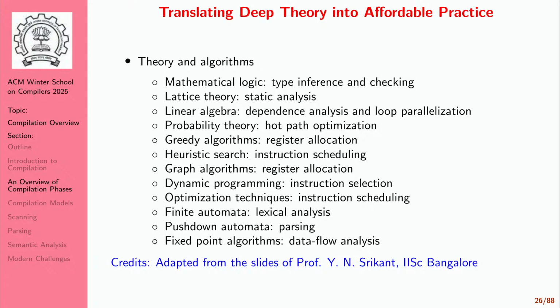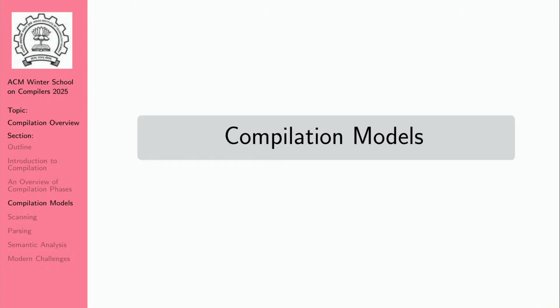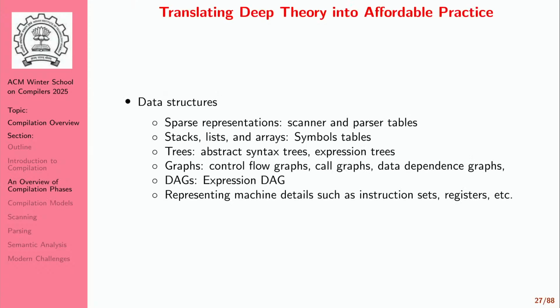All fixed point computations, finite automata, pushdown automata, all these concepts come into play when you actually work on compilers. When you talk about data structures, you have to understand sparse representations, sparse scanner and parser tables, graphs, DAGs, etc. These are the aspects that make compiler construction a very beautiful topic.